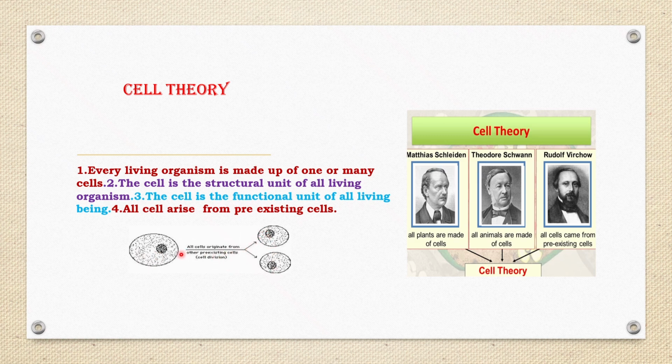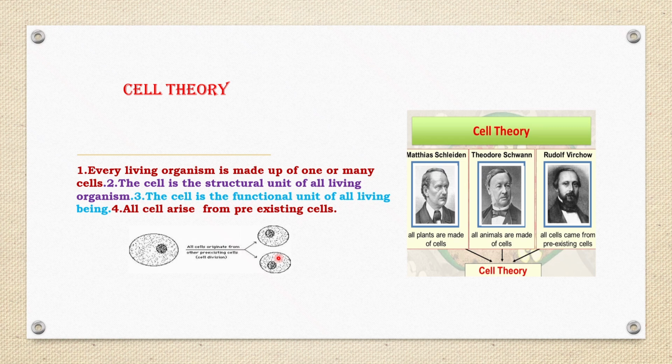How? Because here is the nucleus. The nucleus is the brain of the cell. So from it a part can detach, and they collectively form a new organism or body and can work independently. Right? So this is the pre-existing cell forming a new cell.